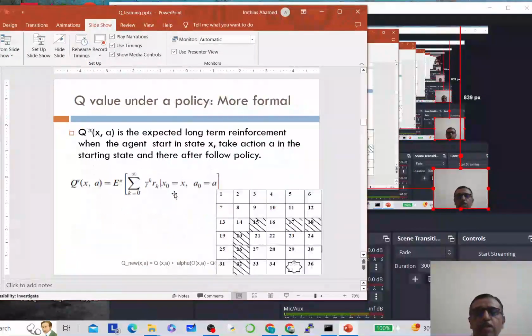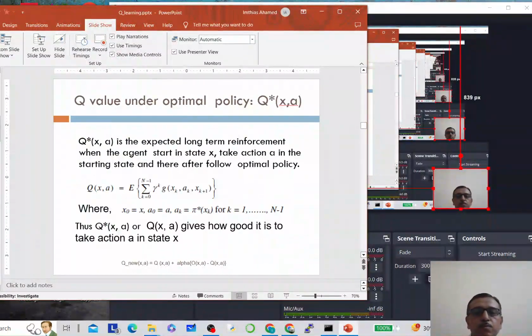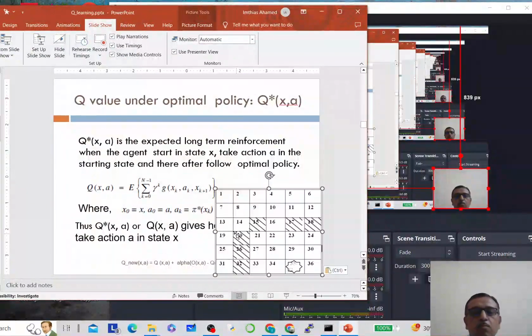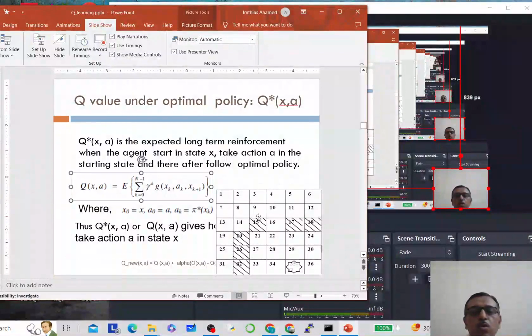Let me copy this table here. Here there is an optimal policy.